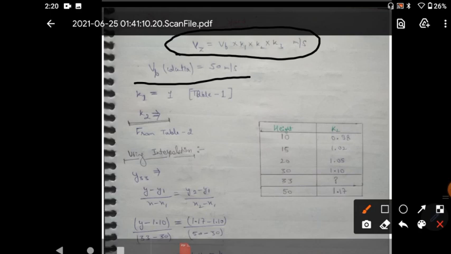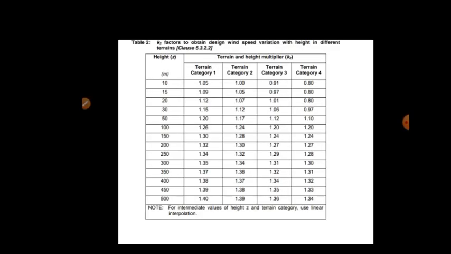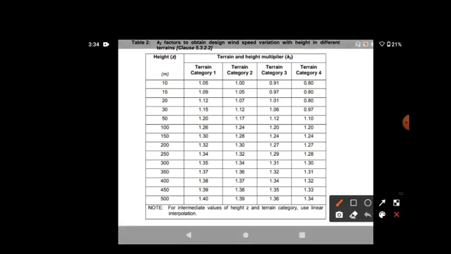Now the value of K1 is calculated from this table which you can see on your screen. As we know, the design life of the structure is 50 years, and the question clearly mentions this. The value of K2 we can find from this table, and it depends on the terrain category, which in the question is 2.